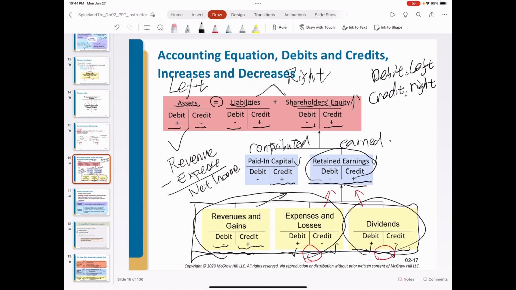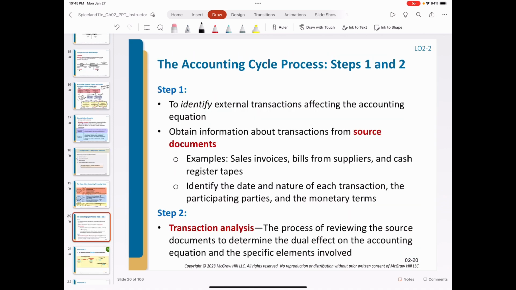The negative sign changes the direction of the accounting treatment. Expenses and losses are both deductions from revenue, so they are both debit accounts. Now let's start the first two steps of the accounting cycle.